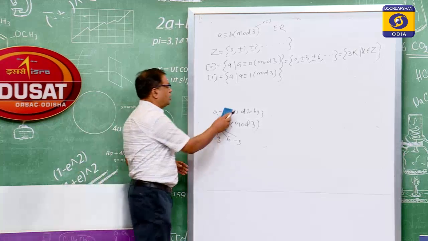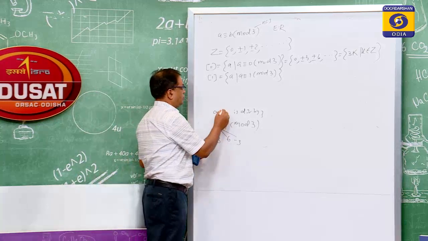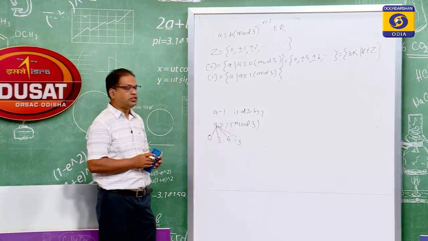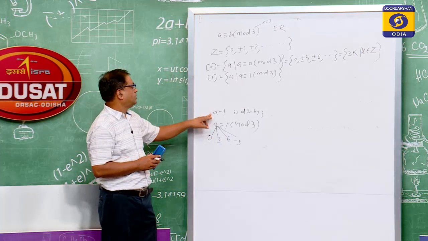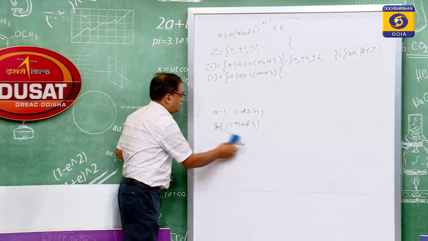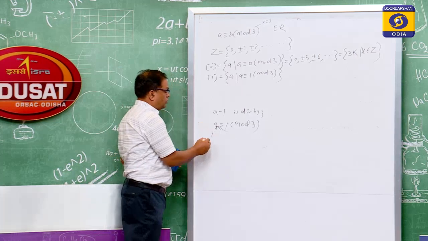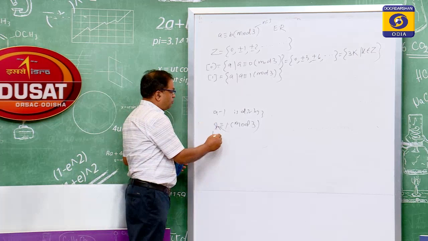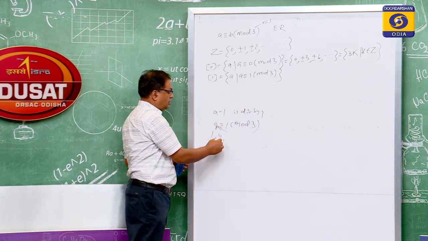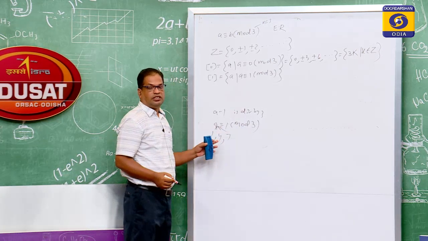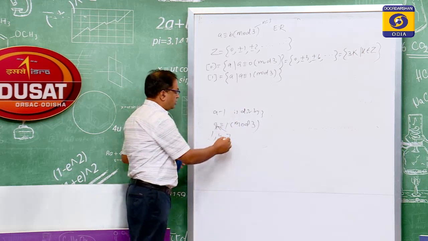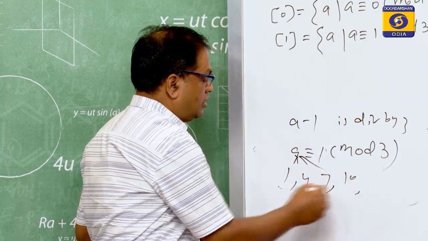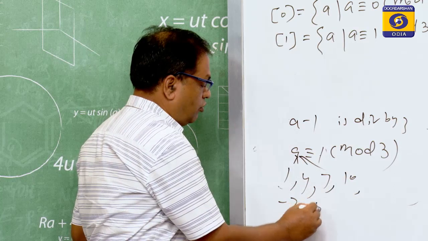That means a minus 1 is divisible by 3. So, what will be the value of a? The value of a is 1, since 1 minus 1 is 0, and 0 is divisible by 3. Also it can be 4, since 4 minus 1 is divisible by 3. Also it can be 7, as was already discussed in previous slides. 7, 10, minus 2, minus 5, etc.